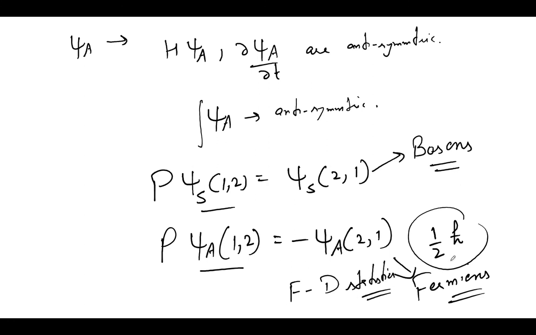Examples of fermions are the electron, proton, and neutron, which have half-integral spin. So this is all about the symmetric and antisymmetric wave functions.